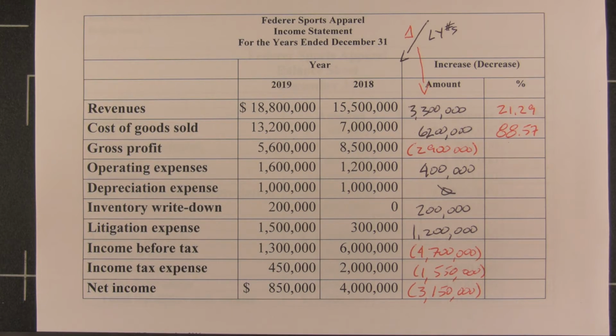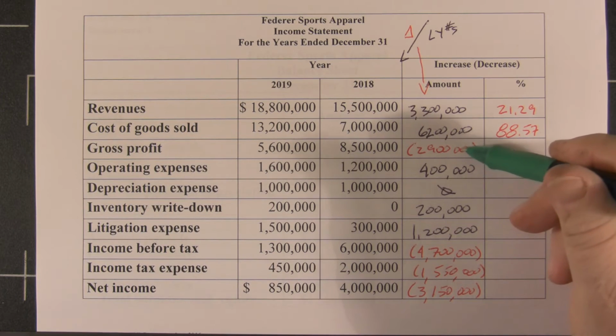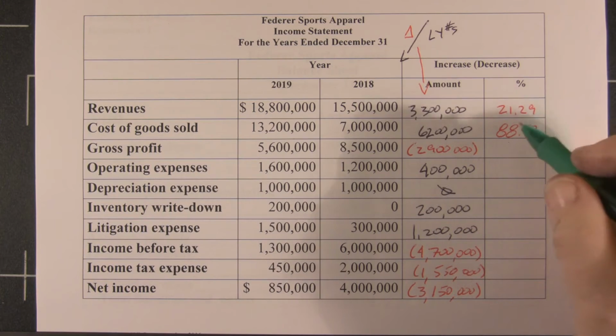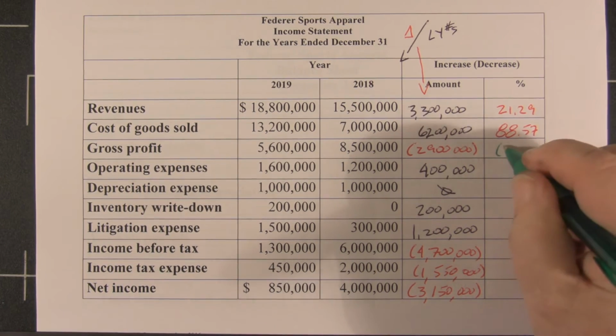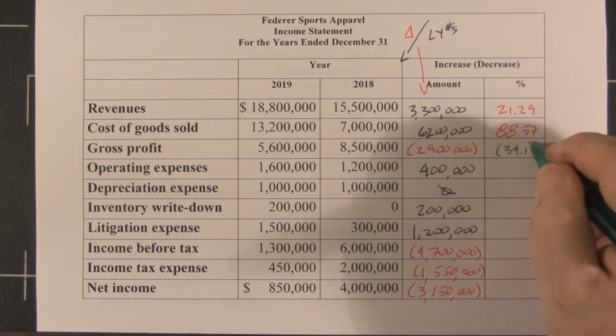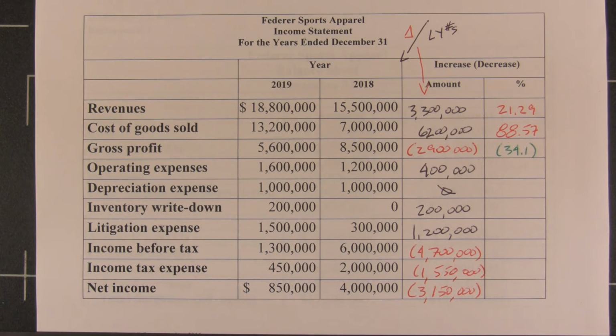I'm going to continue on down that column, dividing the amount of change by last year's number. And when I do that, this comes to 34.1%. In other words, my gross profit from last year to this year has gone down 34.1%.